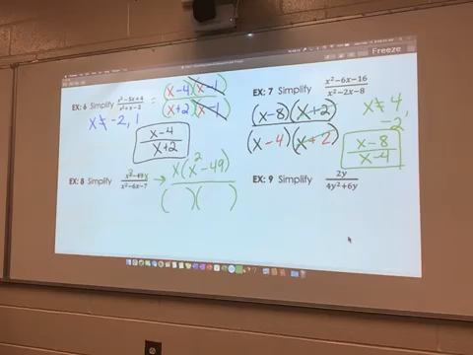Don't forget to bring the x with it too. So you're going to have three different factors up top. So x times x plus 7 times x minus 7, right? Okay.